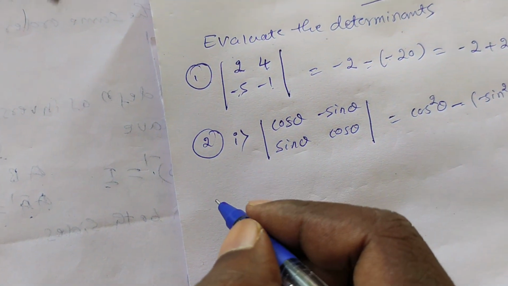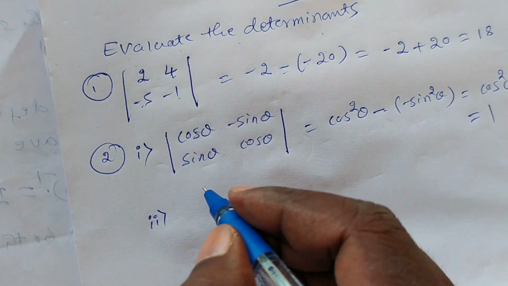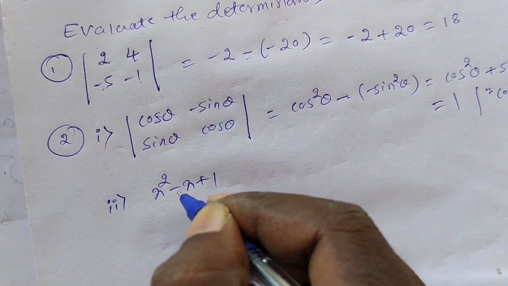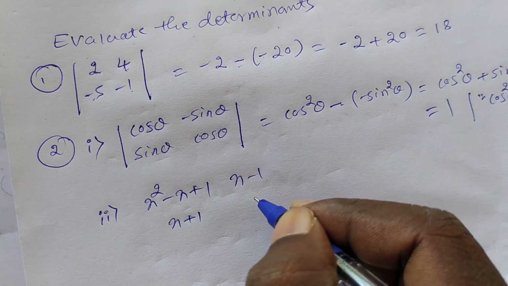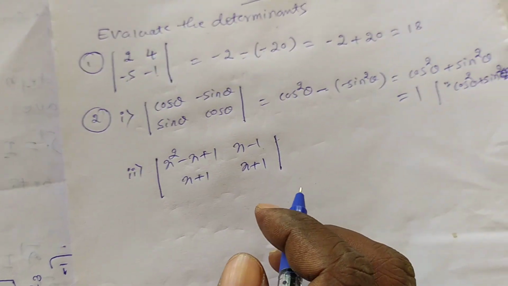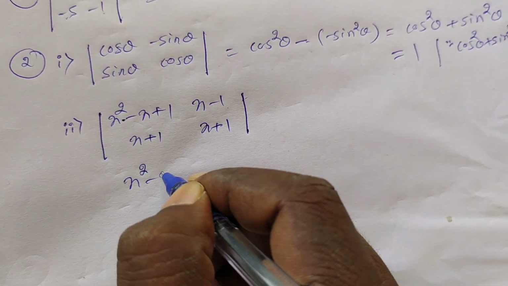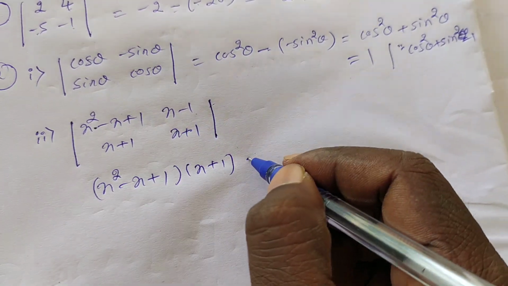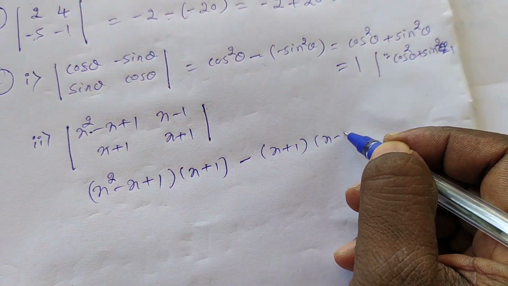Third one. The determinant with rows 1, x square minus x plus 1, and x minus 1, x plus 1. So here, x square minus x plus 1 into x plus 1, minus x square minus x plus 1 into x plus 1 into x minus 1.